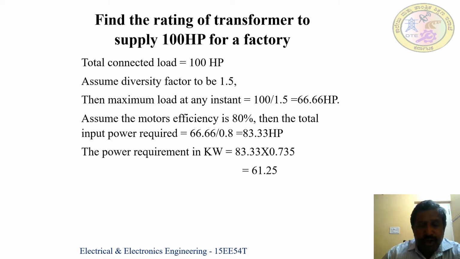So we have to consider the motor input power requirement. So for that, we have to assume the motor's efficiency. So normal assumption is 80%. Then the input power required. So that is total input power required equals the motor's output divided by the efficiency.